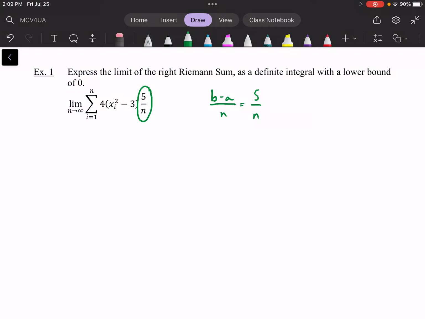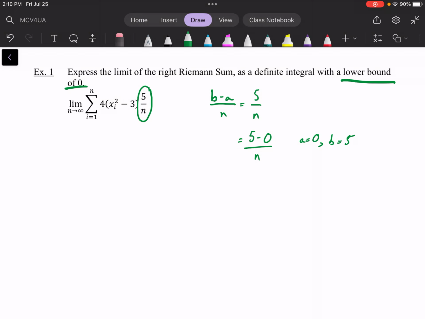But specifically, you want to have a lower bound of 0. So that means your value of a actually has to be 0. So the only way that will work out is if you have 5 minus 0 over n. So now you have your a value as 0 and your b value as 5.